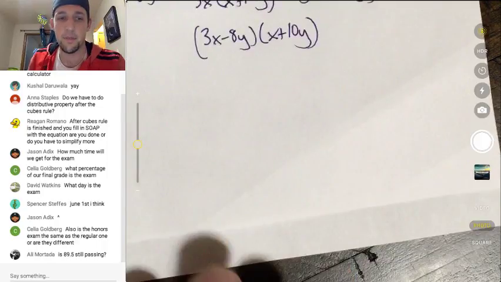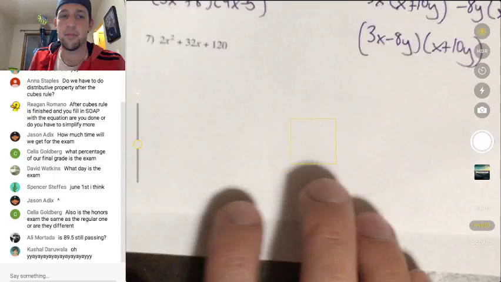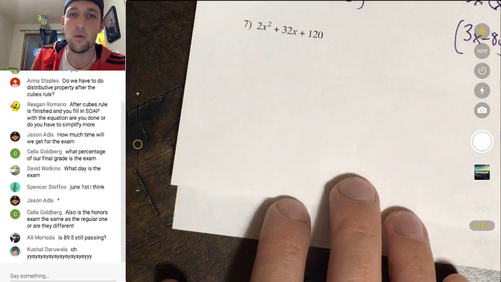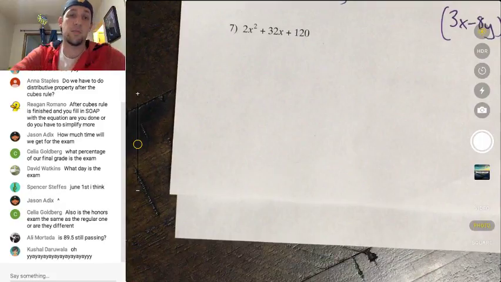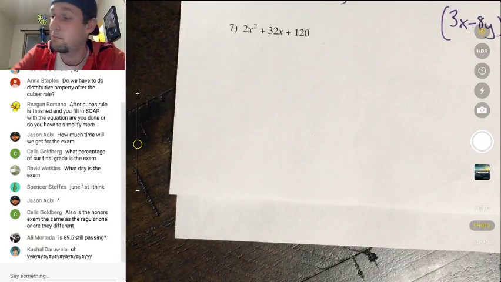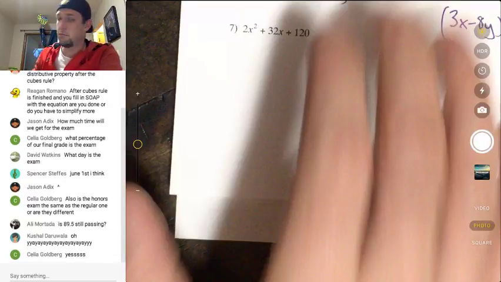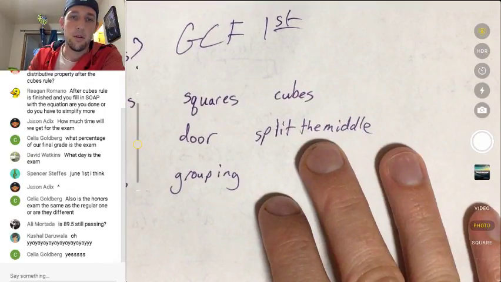All right, last problem. At first glance, this problem looks like a splitting the middle term problem. That's exactly why I threw it on there. But as I said at the beginning, we do a GCF first.